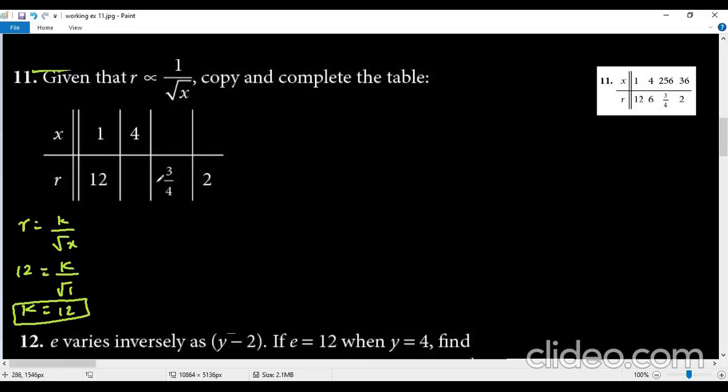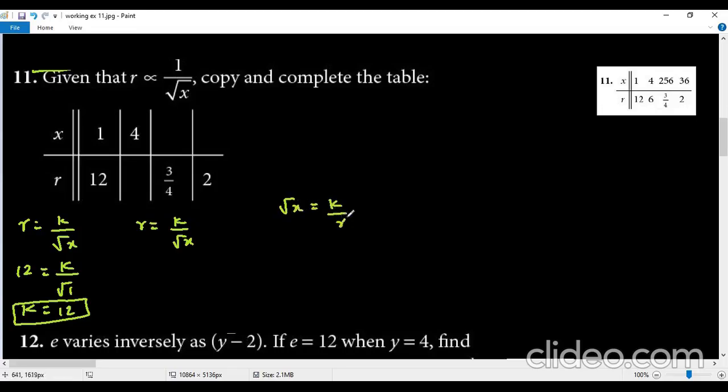When the value of k is 12, we will find out two x's and one r. That means I will write 2, 1, r. We need to find r equals k over under root x, and then we need to find two x's. That means under root x equals k over r.